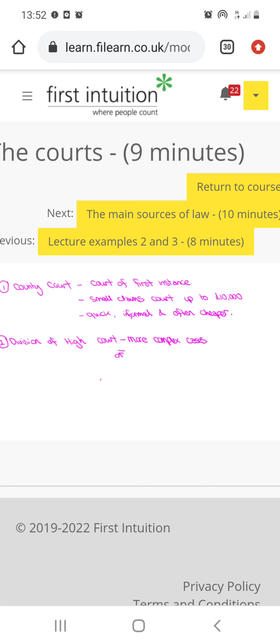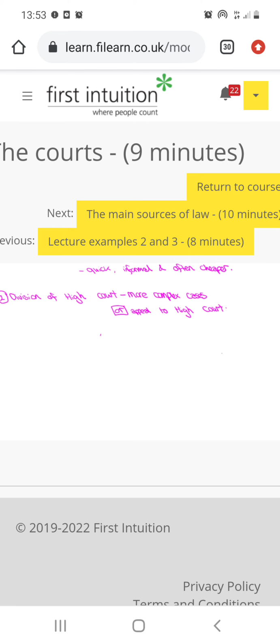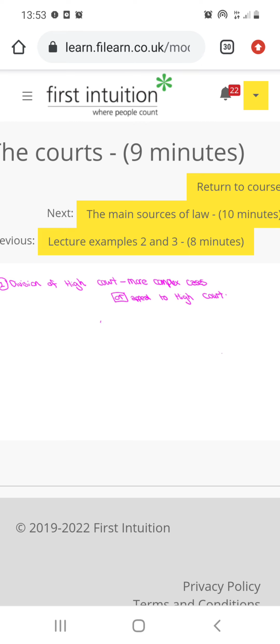Or perhaps if bad decisions were made at the county court, then they can appeal to the High Court. Now, we've mentioned various different divisions of the High Court. There are three. There are three divisions or three specialisms. The first one is known as the Queen's Bench Division.